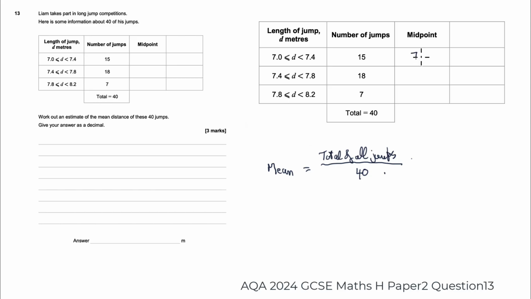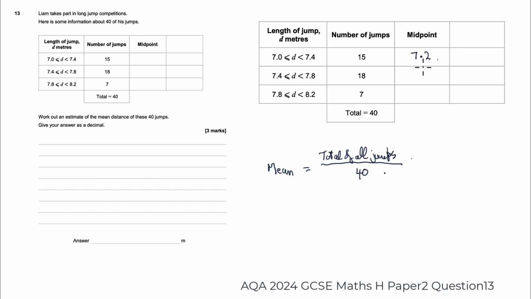Now, why are they asking us for that? Because the best we can do is to say that, look, he made 15 jumps. We don't know their precise lengths. We know they're between 7 and 7.4. Let's assume that all these 15 jumps were 7.2.